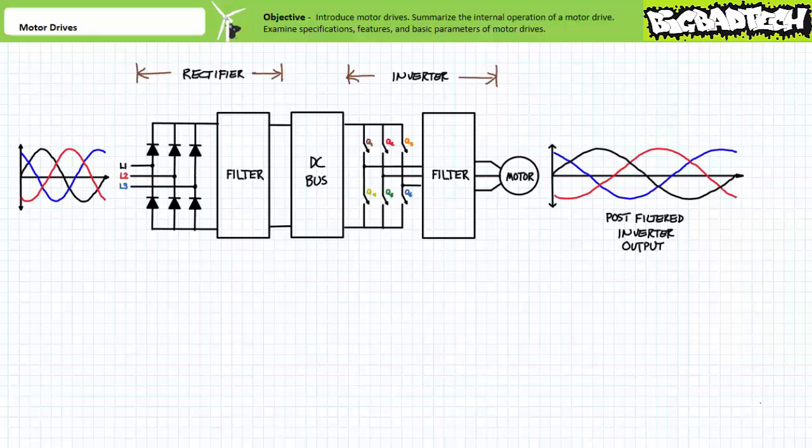Delving deeper into the inner workings of a motor drive, without bottoming out in an unnecessarily technical discussion, we find several additional functional elements. Both the rectifier and inverter portions include filtration circuits to clean up their respective outputs. The rectifier, as previously discussed, is an AC to DC converter that changes the incoming three-phase AC with a fixed magnitude and frequency into DC.